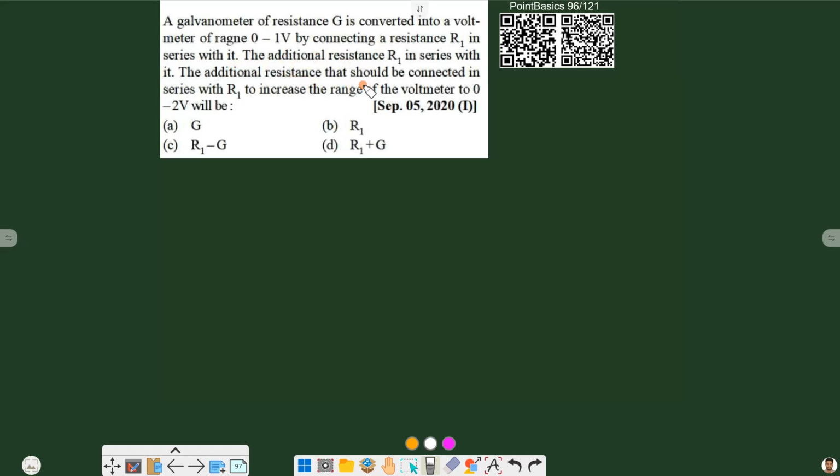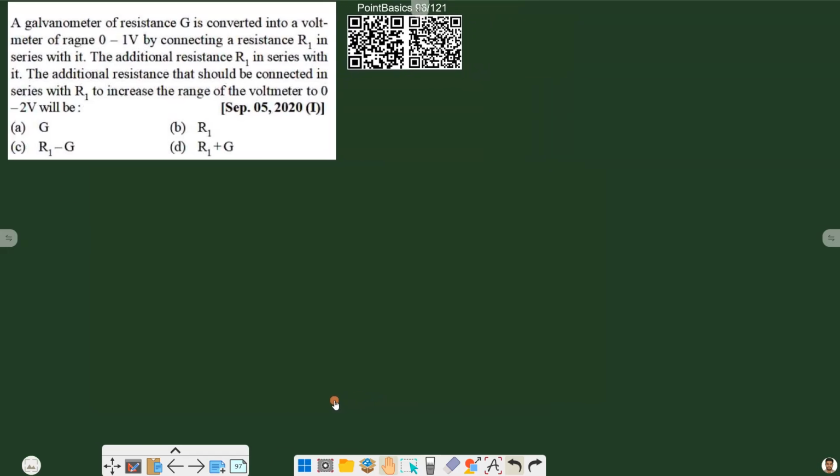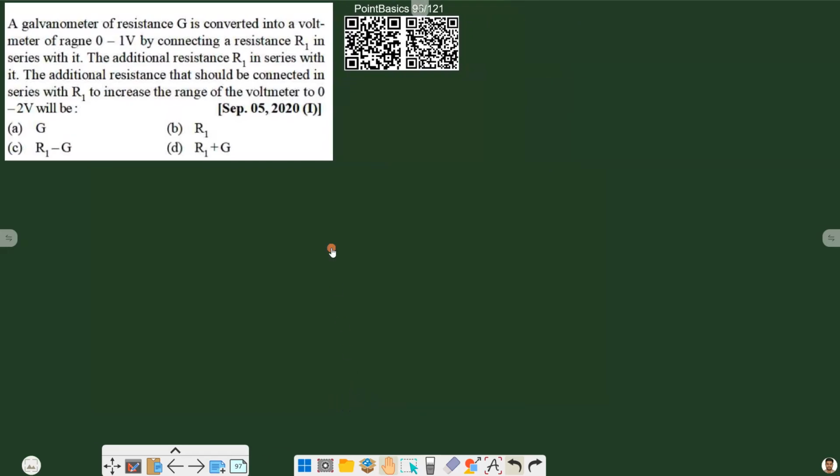The additional resistance should be connected in series with R1 to increase the range of the voltmeter to 0 to 2 volts. Initially we have a voltmeter with range 0 to 1 volt with resistance R1 in series.